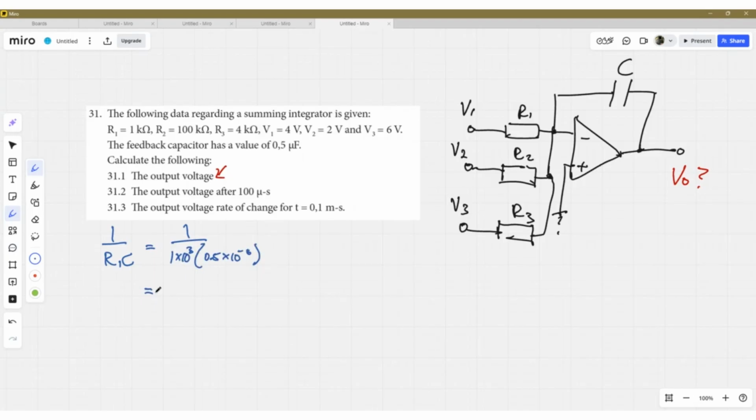That's basically 1 divided by 0.5 multiplied by 1,000, so this fraction is 2,000. Then we have 1 over R2C, which is 1 over 100,000 multiplied by 0.5 times 10 to the minus 6.